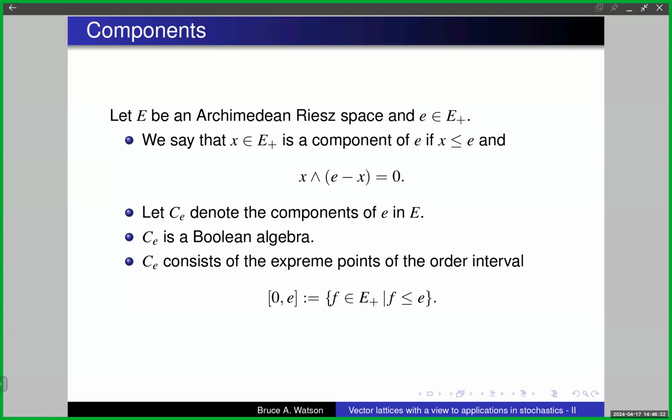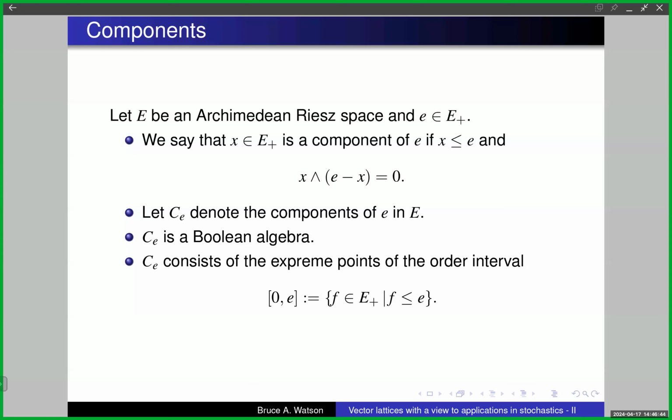Now, a concept which is very closely linked to bands, as we will see in future, is that of components. But the connections will become clearer in one of the upcoming lectures.